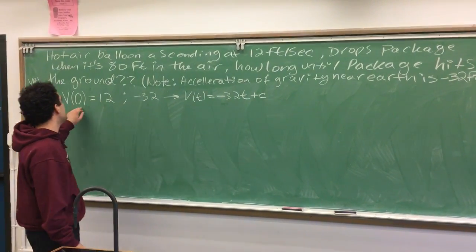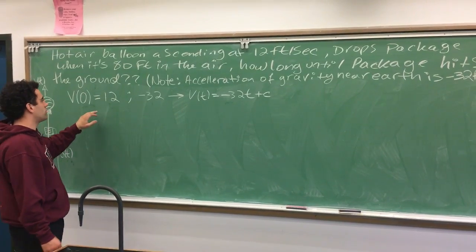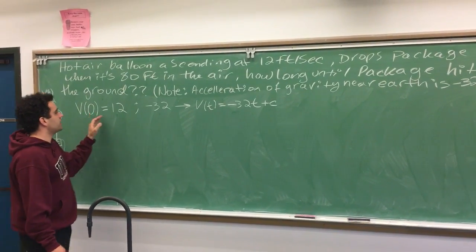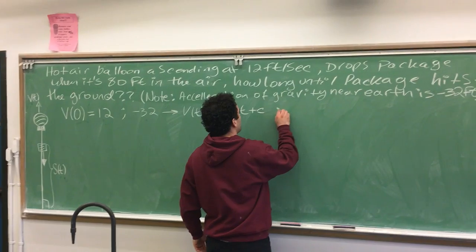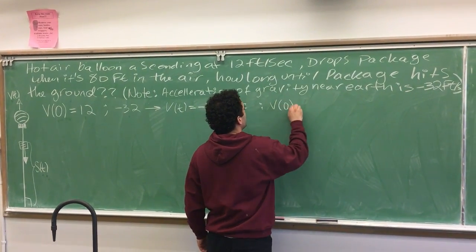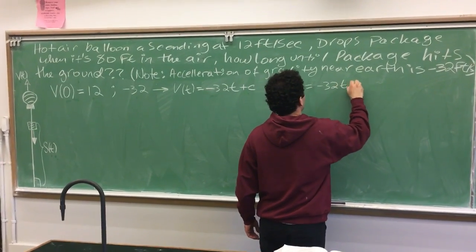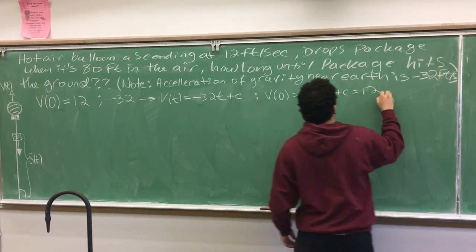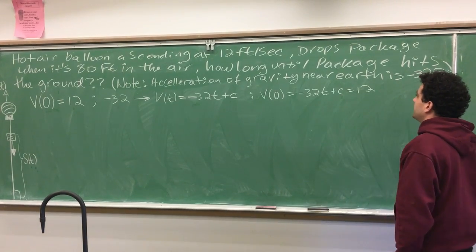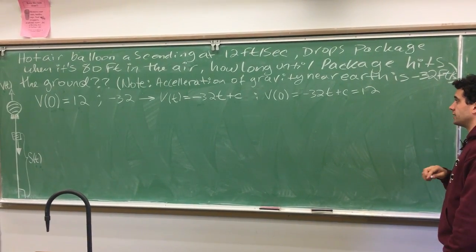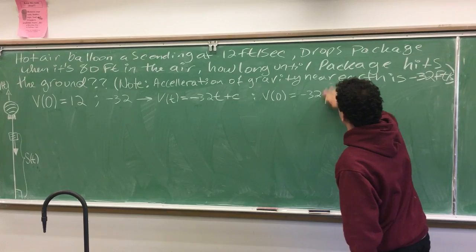Well, I know that v of 0 is 12. So v of 0 equals negative 32t plus c equals 12, and I'm going to solve for c. Sorry, I should put a 0 here.